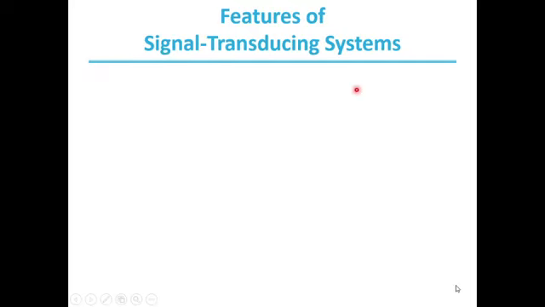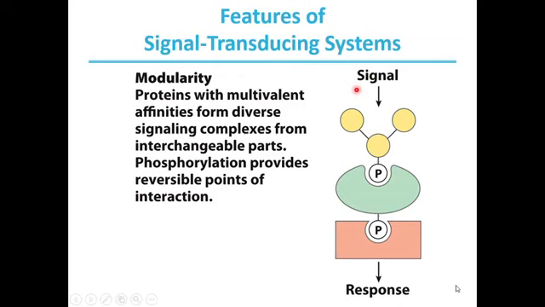Another feature of signal transducing systems is modularity. Interacting signaling proteins are modular. Many signaling proteins, as shown here, have multiple domains that recognize specific features in other proteins. For example, the green colored protein shown here recognizes a phosphate that is bound to another protein.